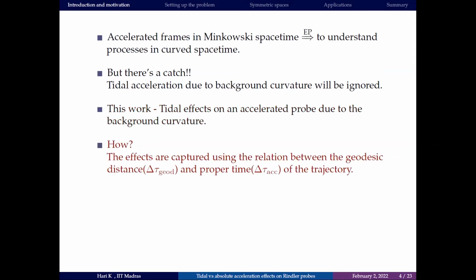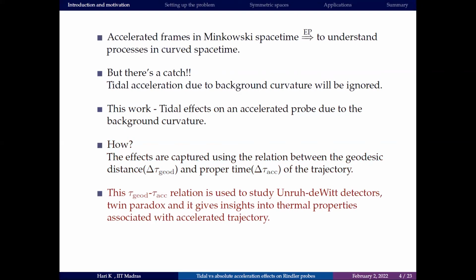We are trying to capture these effects using the relation between the geodesic distance and the proper time of the trajectory. This relation is also very useful in studying Unruh detectors, and classically it is interesting for studying the differential aging of twins, and it gives good insights into the thermal properties associated with the accelerated trajectory. So this is good enough motivation.